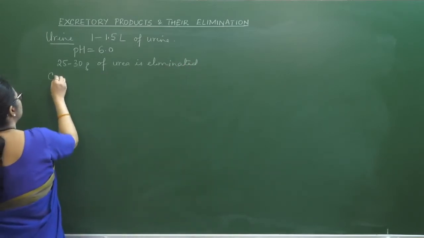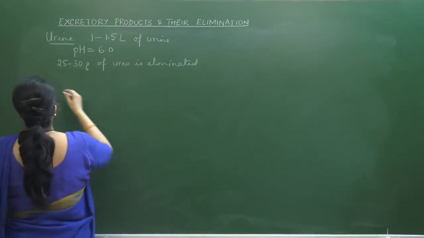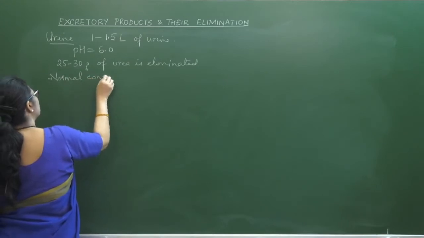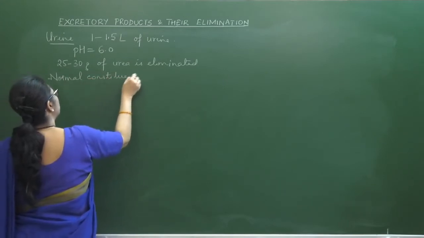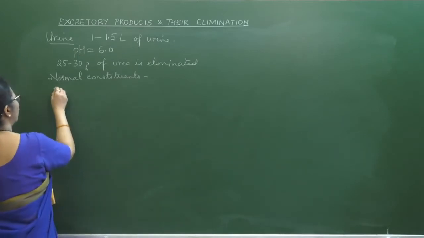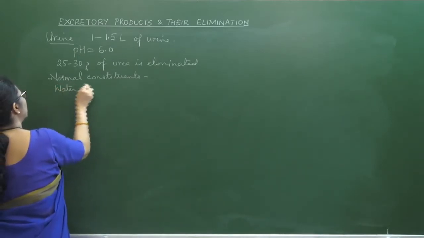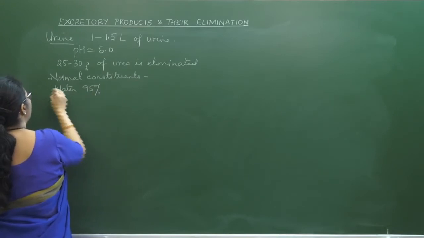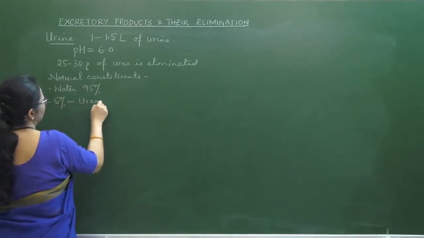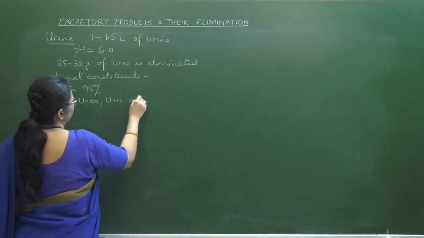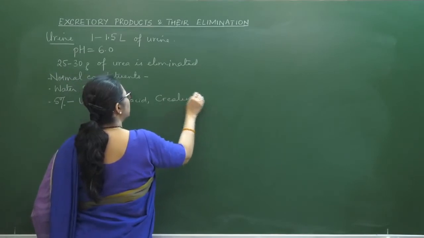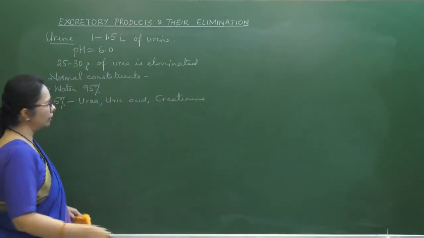So constituents, first let us mention normal constituents. Of course, it is water, a huge amount, 95%, and in the remaining 5% there are a number of things: urea, uric acid, creatinine. The major is urea, of course, that's why I have written it like that.